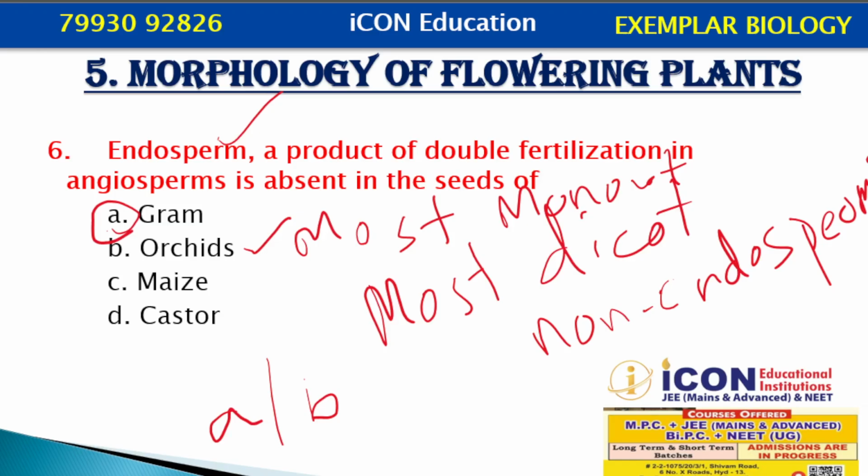Because the endosperm formed during double fertilization is completely consumed, and in orchids, the endosperm formation is completely suppressed or fails to develop. As the question says endosperm, a product of double fertilization in angiosperm, is absent in the seed of, the better option is A, gram. Hope you find it easy and understandable.